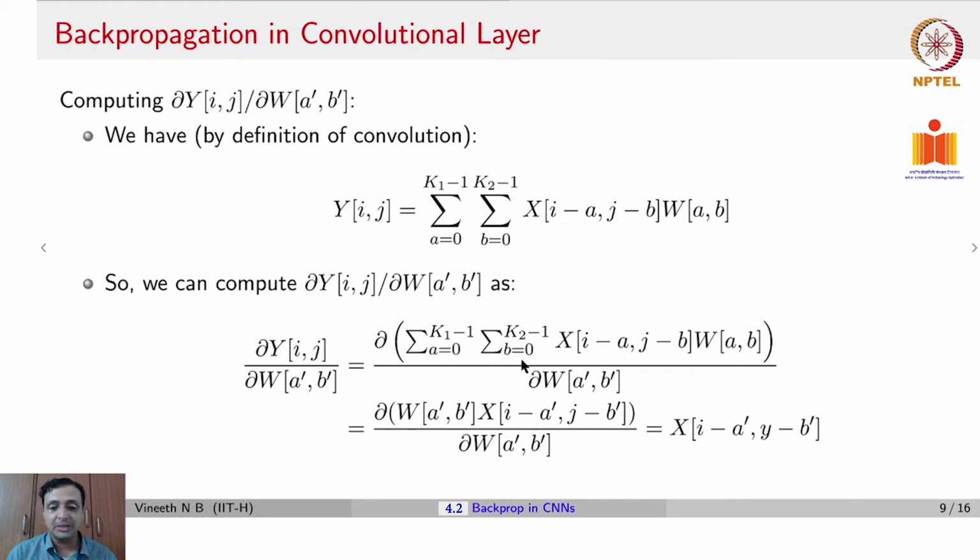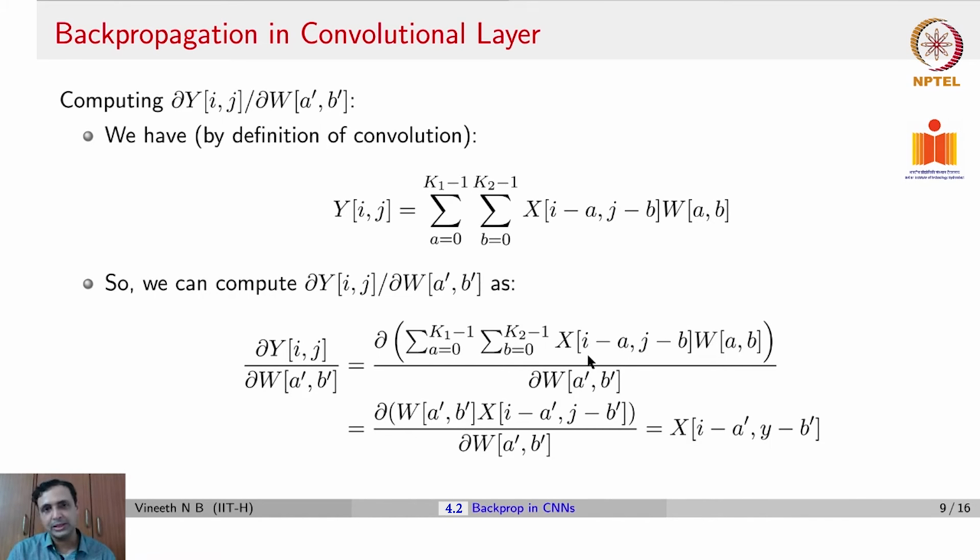Now in all these summations, there is only one term here that is going to depend on W a'b'. Remember, in one convolution, one particular filter value is convolved with only one pixel in the input in that single convolution operation.